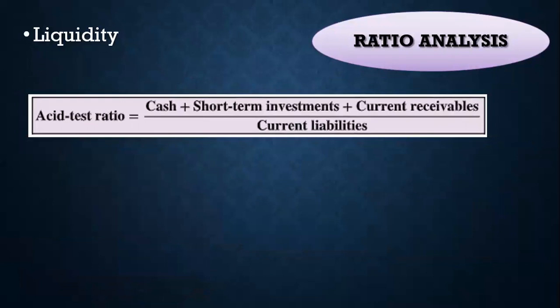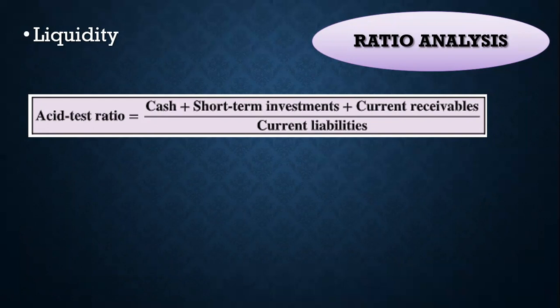All right, so let's see, another one for liquidity, we have the acid test ratio. This could also be called the quick ratio. This is the same thing as the current ratio, but it is really looking at your very short-term assets. So it's cash, short-term investments, and current receivables. What's the main thing we left out here from our current assets?